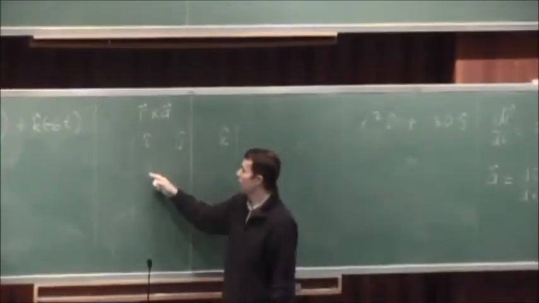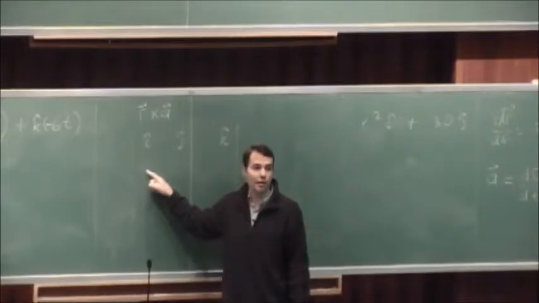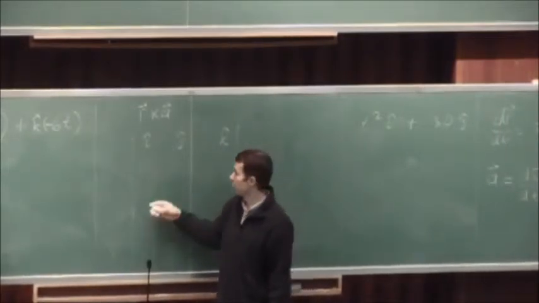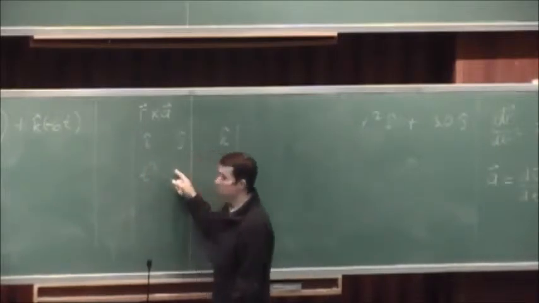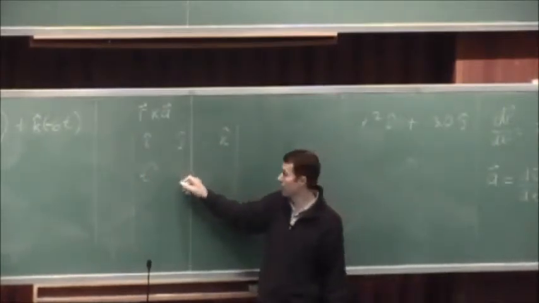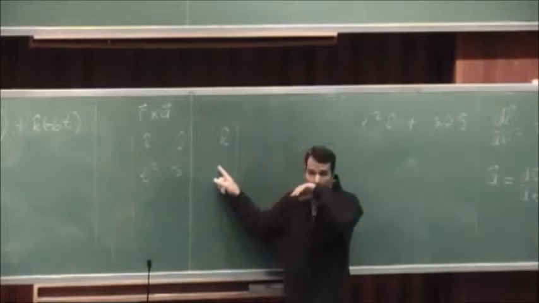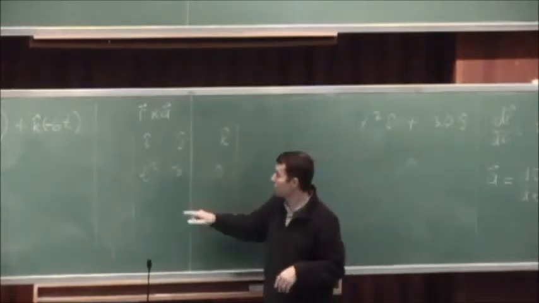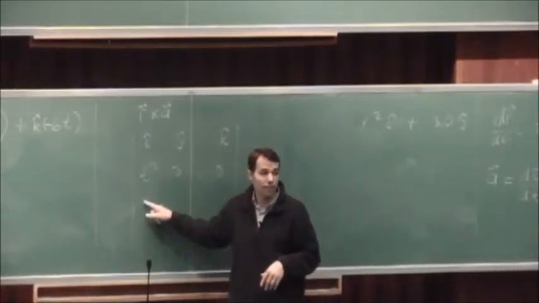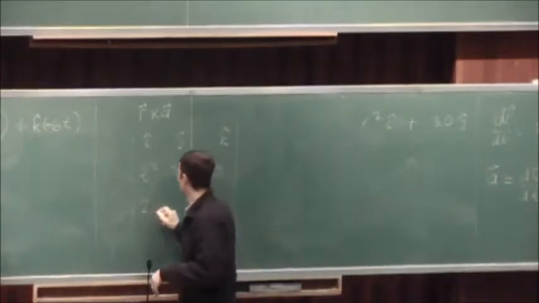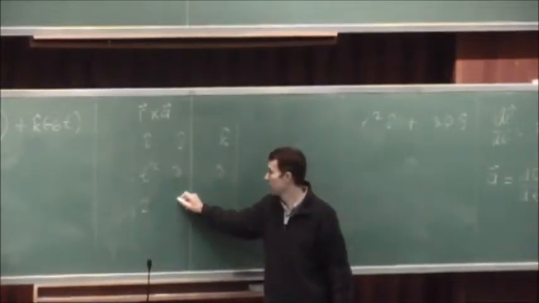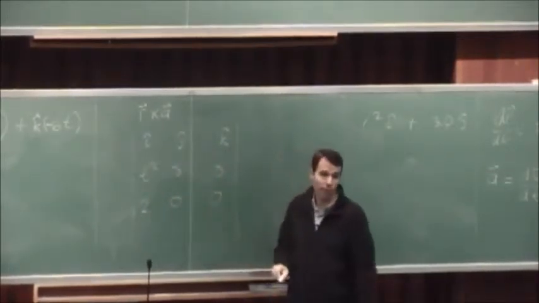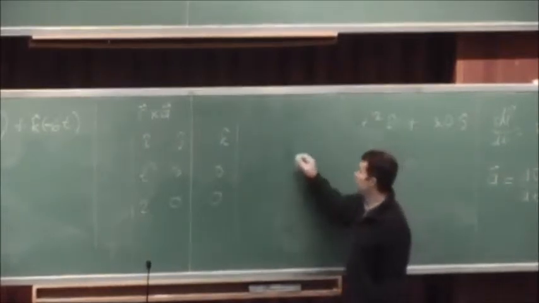What's going to be the first term here? It's going to be t squared. What's going to be here? 3. What's going to be here? 0. What's going to be here? 2. What's going to be here? 0, 0.